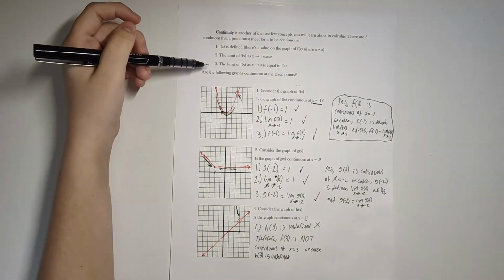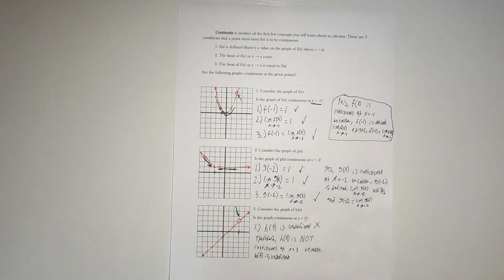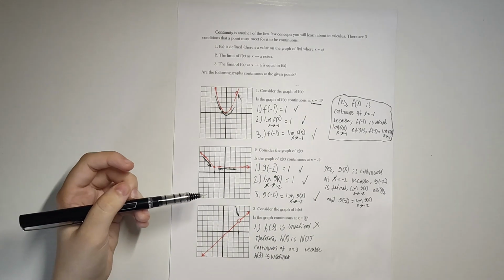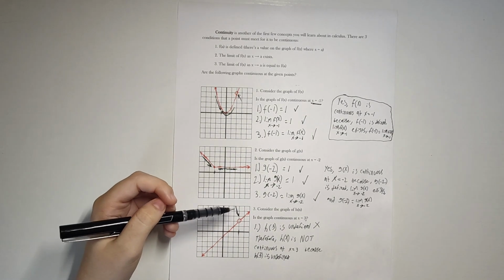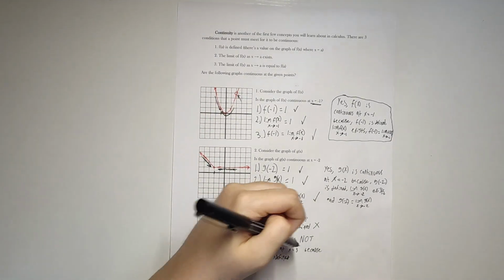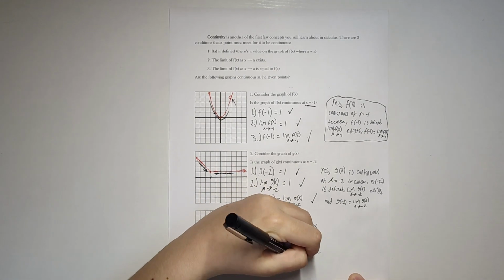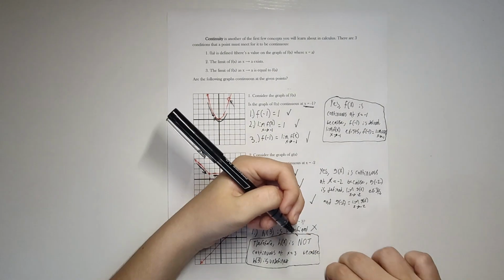Well, the third one can't be checked because it means that this has to be defined. But we don't have to check the other two conditions to know that it is not continuous because we know that all three conditions have to be checked and the first one wasn't. So h of x is not continuous at x equals 3 because h of 3 is undefined.